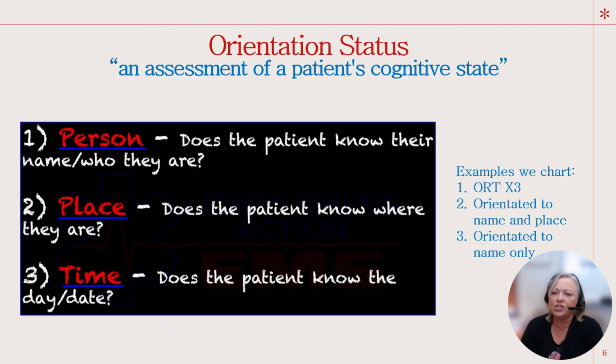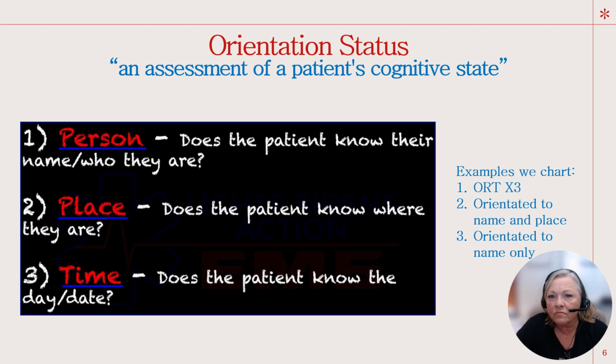So, orientation status. Orientation status is a piece of the verbal response part that we are attesting for. And we're going to talk about this specifically because it's an amazing little tool. It's one of the very first little sets of questions and tests we do to check for some potential confusion. Okay?